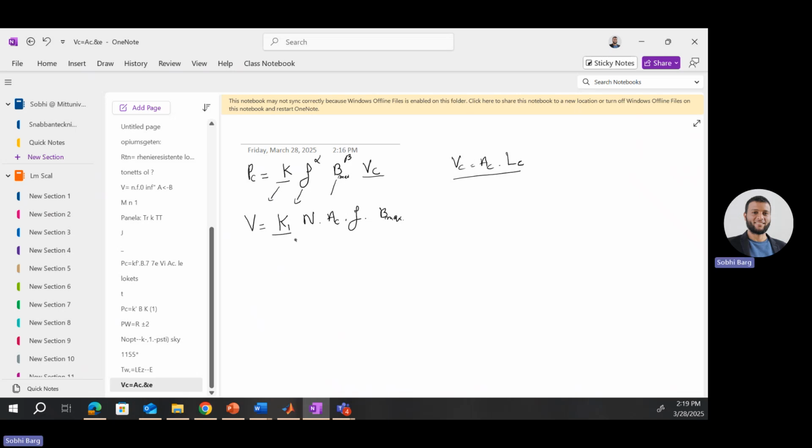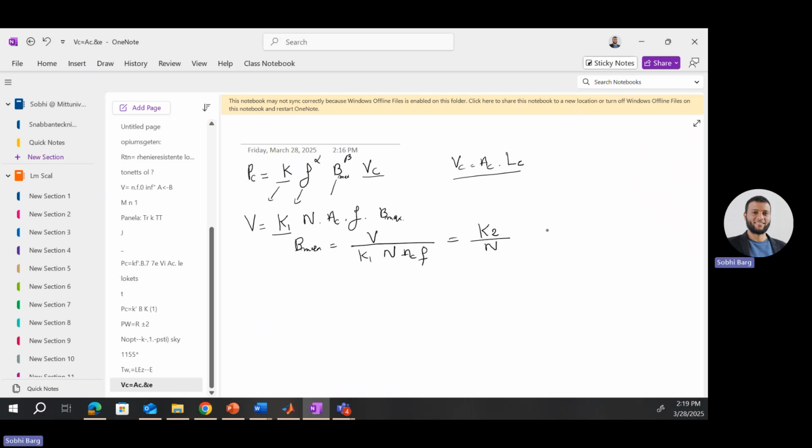So here, Bmax is equal to the voltage divided by K1, Ac and f. So it could be expressed as a constant K2 divided by the number of turns.